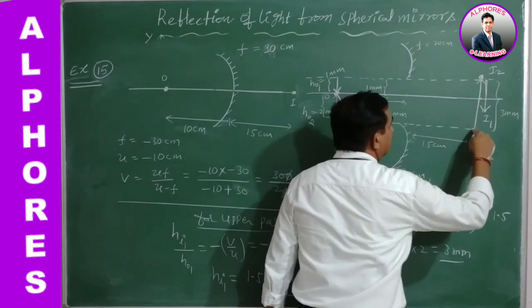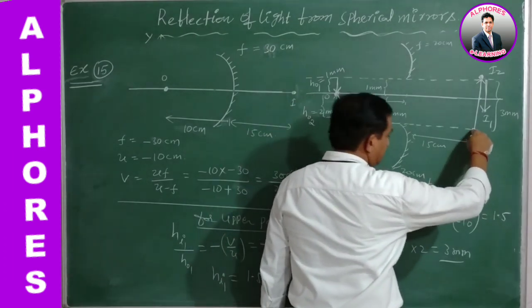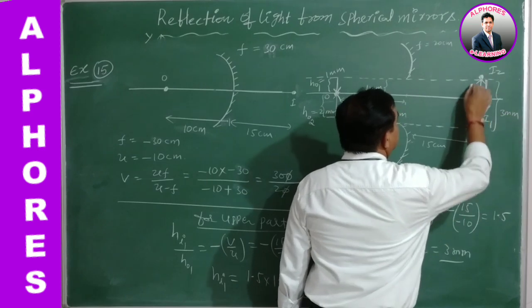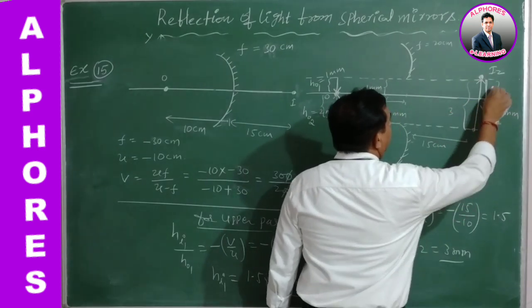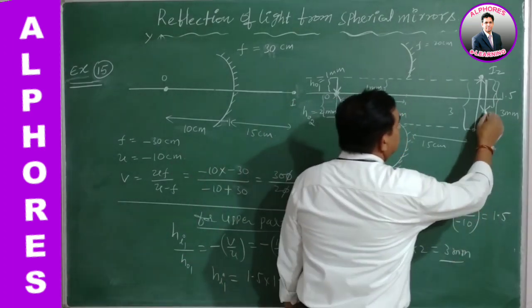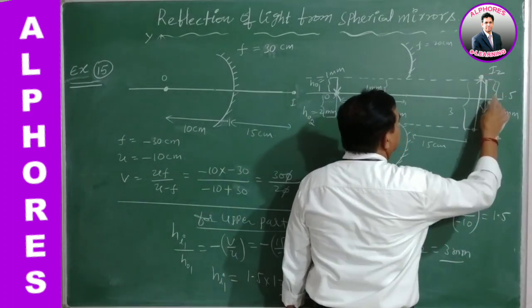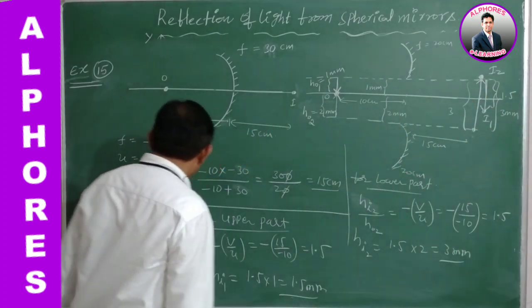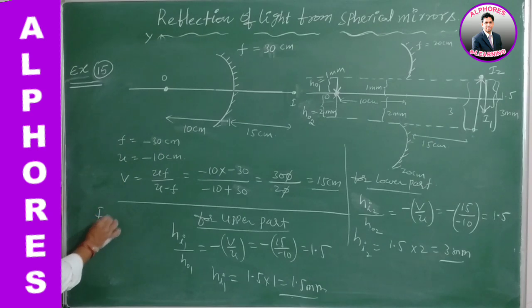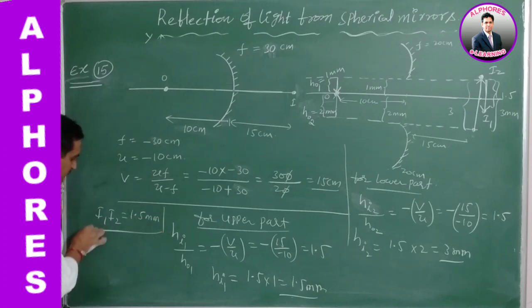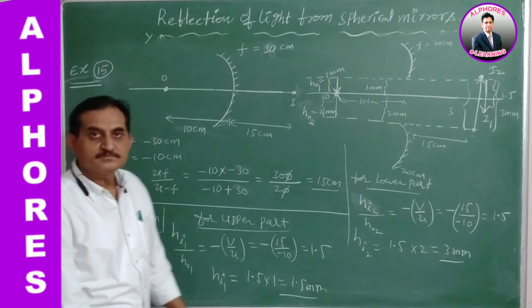This is 3 millimeters and this is 1.5 millimeters, so the distance between the two images is 1.5 millimeters. This is your answer.